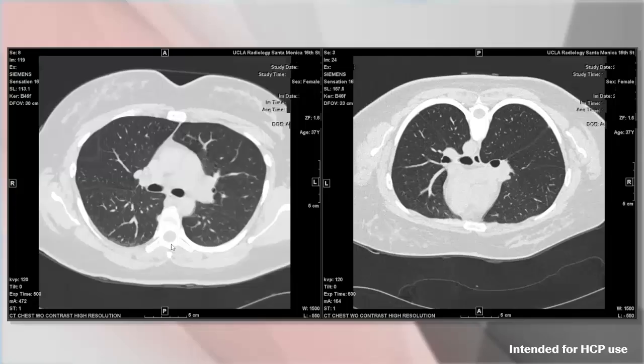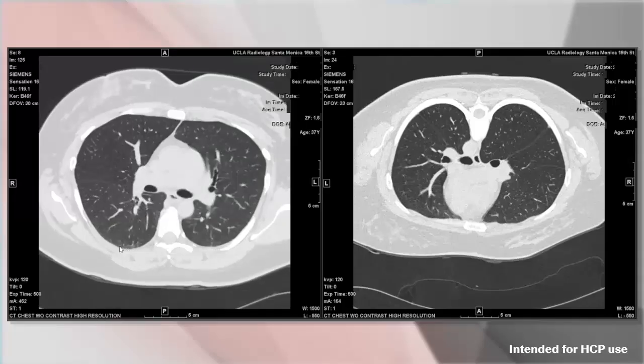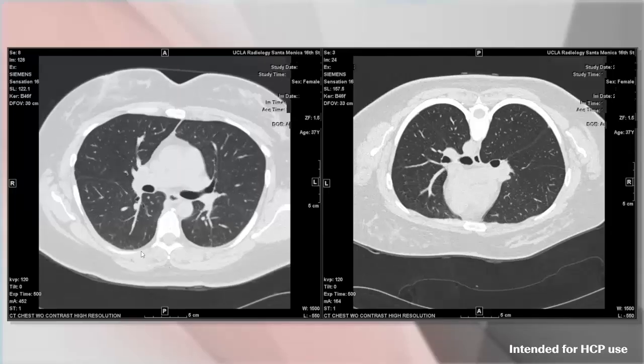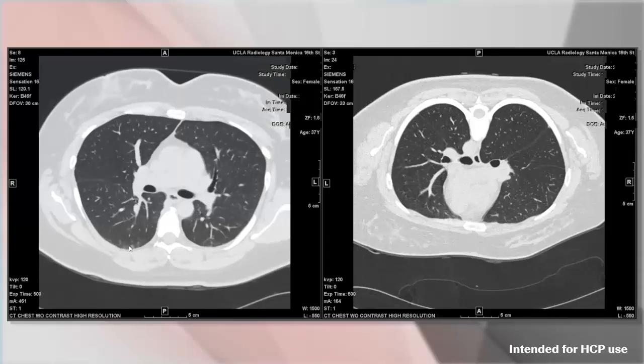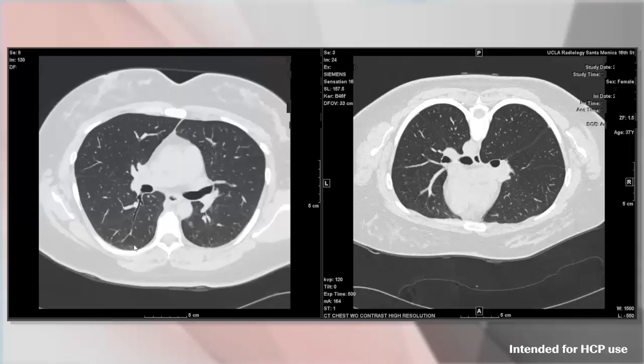Now notice that along the posterior dependent portion of the chest, there's a lot of grayness here, and there's some irregularity of that interface. So if we look anteriorly for comparison, we see that the lungs touch the edge of the chest or the pleura, and it's very smooth. But notice here, it looks a little bit irregular, and we have some abnormal density.